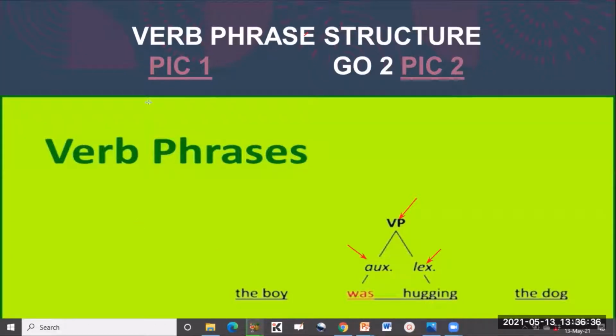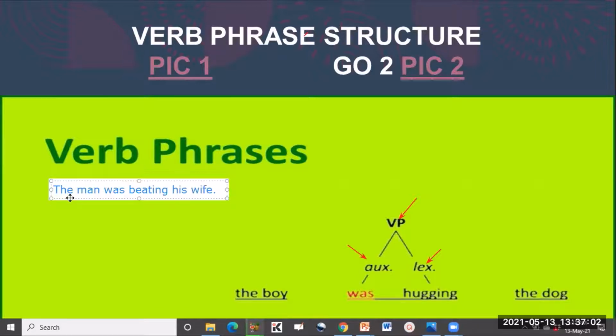All right. Then let's try to give some more examples. The man was beating his wife.